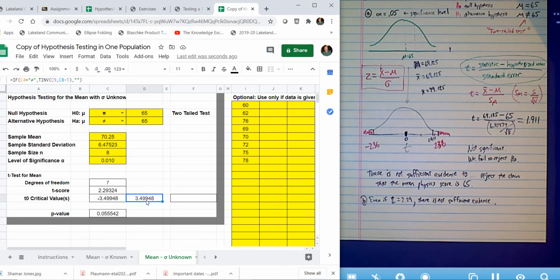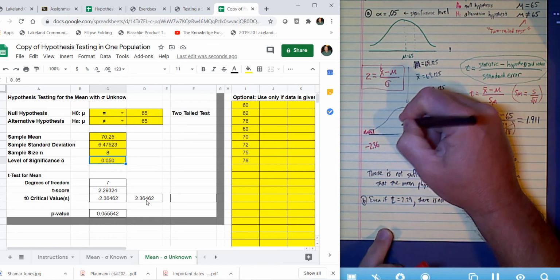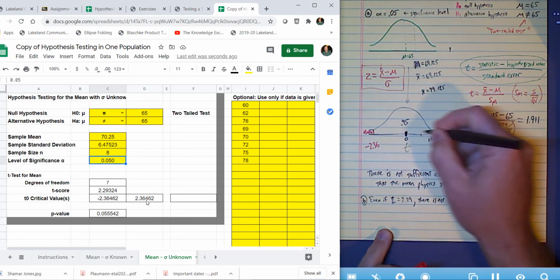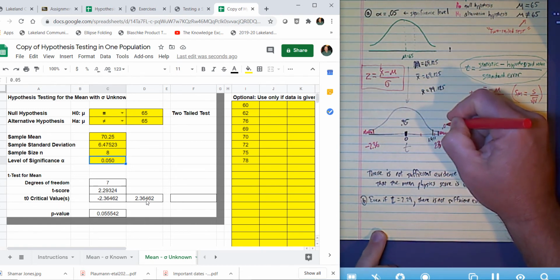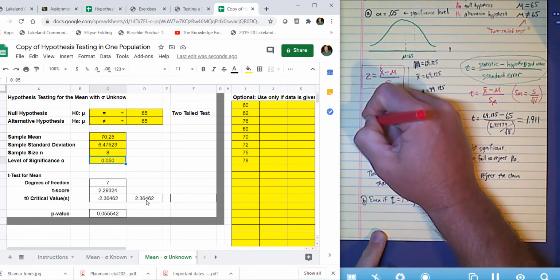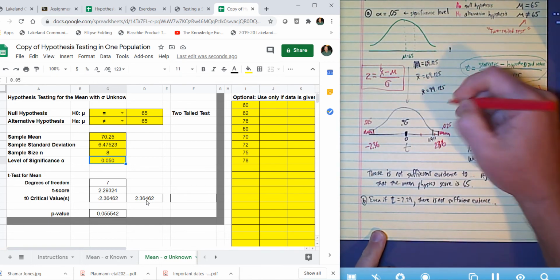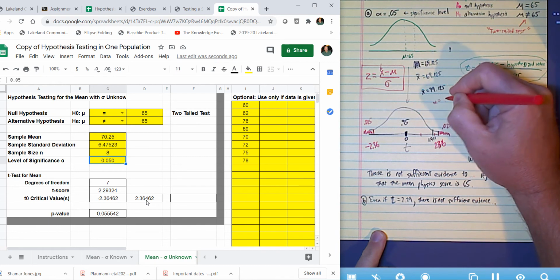So in my picture, let me go back to show you the difference. When we had 0.05 level of significance on a two-tailed test, that means 95% of the scores are here, and only 5% are in the tails. So you would have 0.025 here and 0.025 here, because if you add those up, that's alpha.